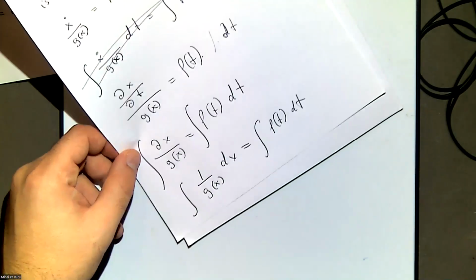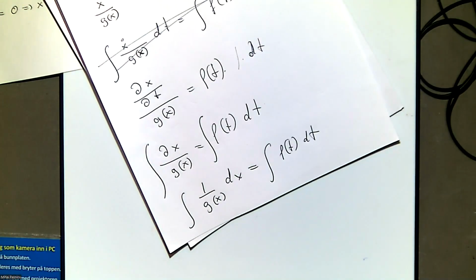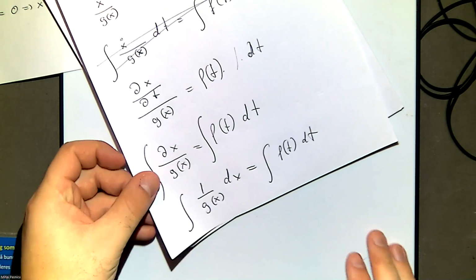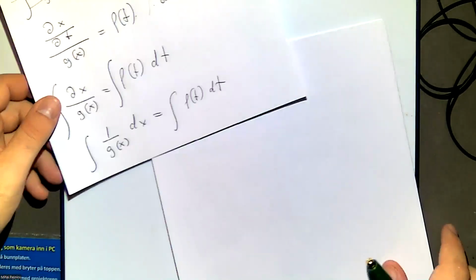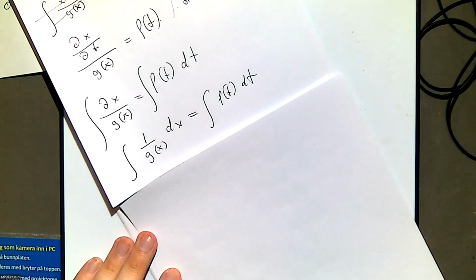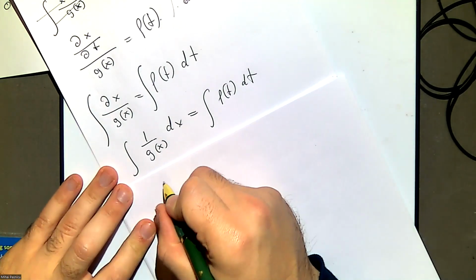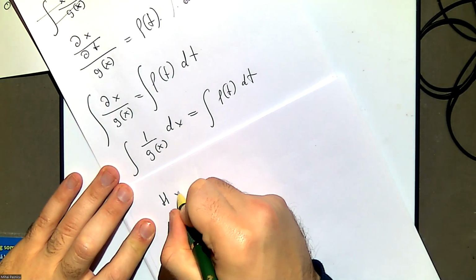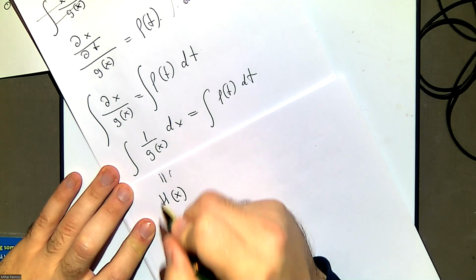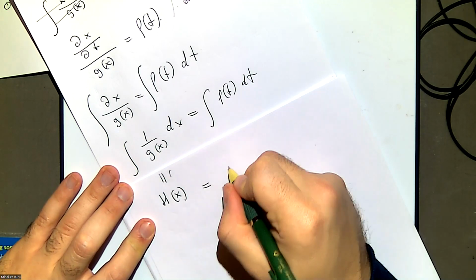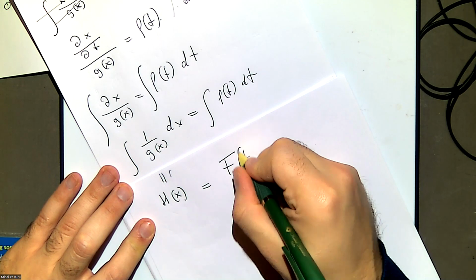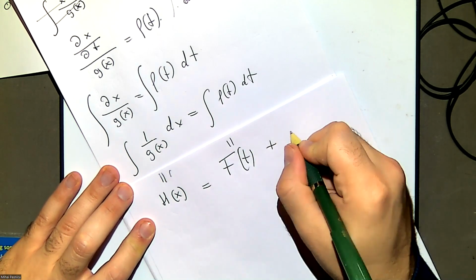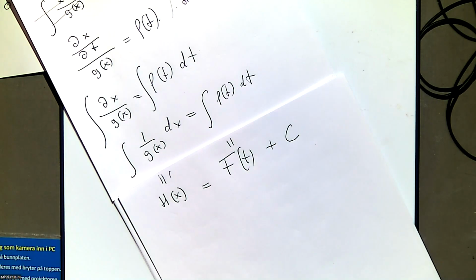And this is where all the theory ends. There's no more theory after this. Now you just got to solve two integrals, the left-hand side and the right-hand side. So literally the theory says that you will solve these and you will get some h(x) from the first one, equals big F of t from the second one, and you're going to add a constant, and that's all the theory.